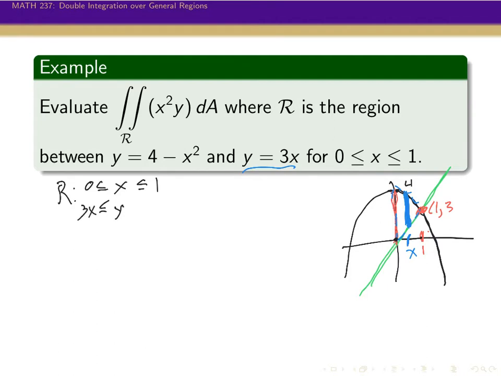So the y values are starting at 3x and going up until we hit the parabola. So x is going from 0 to 1, and y is going from 3x to 4 minus x squared. Okay, so now let's draw out what this is going to look like.